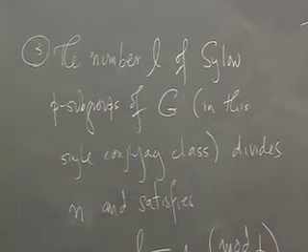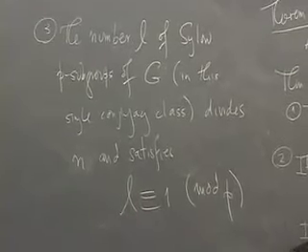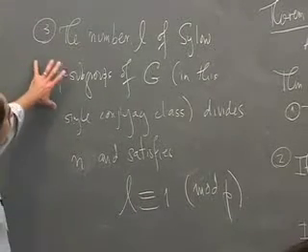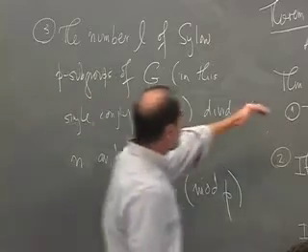Leaves a remainder of 1 after dividing by p. So there's a restriction on the number of Sylow p subgroups. There is always a Sylow p.